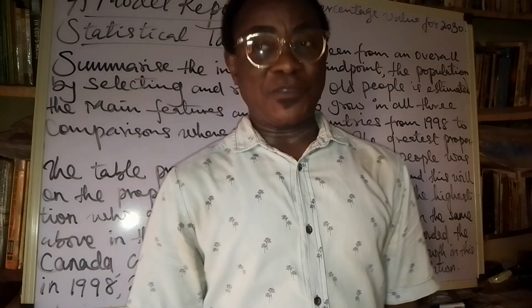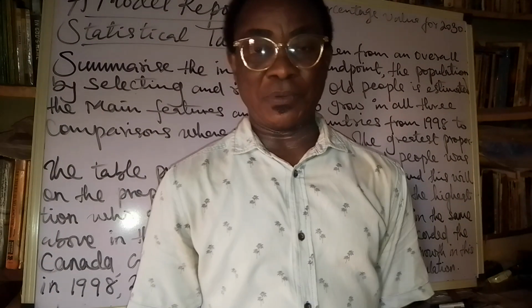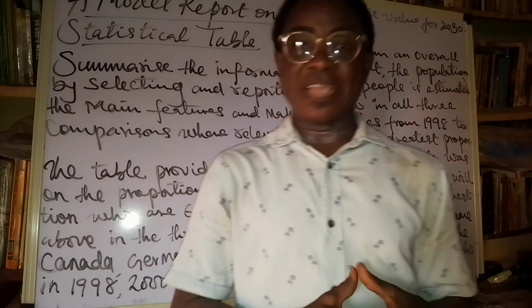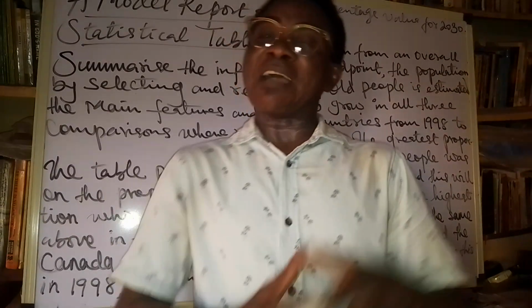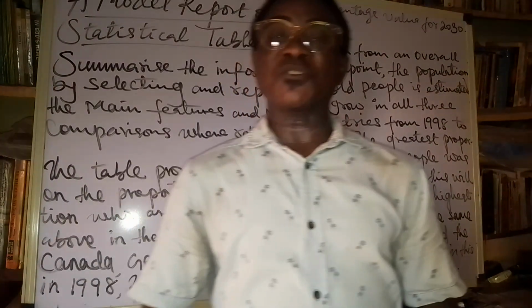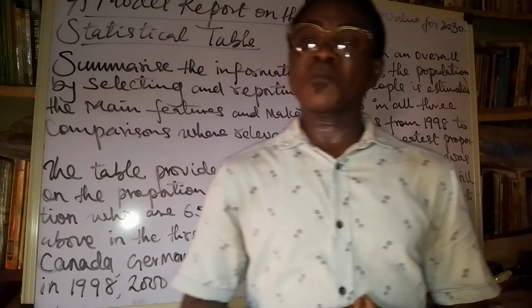In our last video, we discussed a statistical table analyzing the population change in citizens aged 65 and above in 3 European countries, namely Canada, Germany, and the UK.